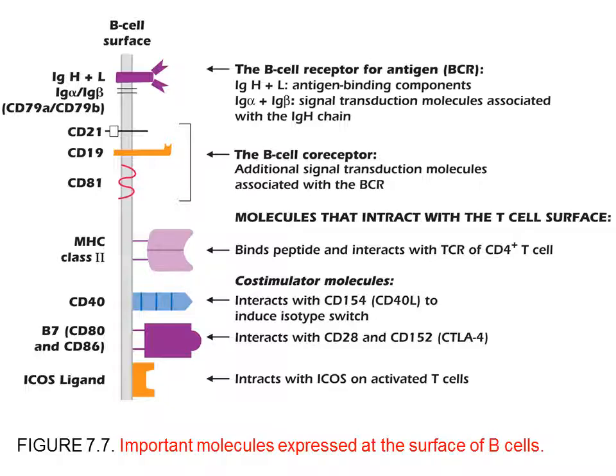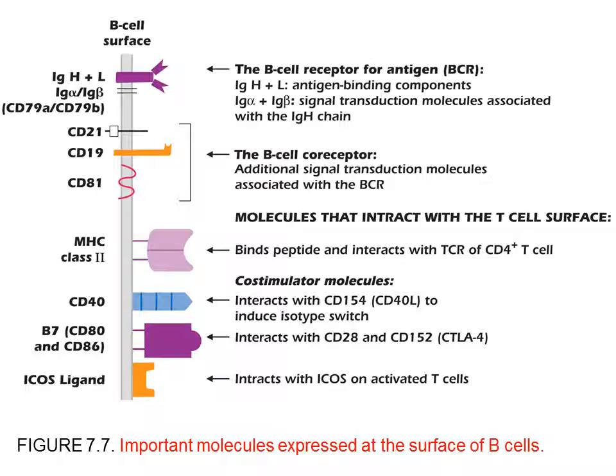So this is a complete BCR, B cell receptor, which is an immunoglobulin gene, and looks like an antibody, which has a heavy and light gene. And then again it is attached by alpha beta Ig transmembrane proteins. Now, this is the receptor that B cells basically use for capturing antigen.